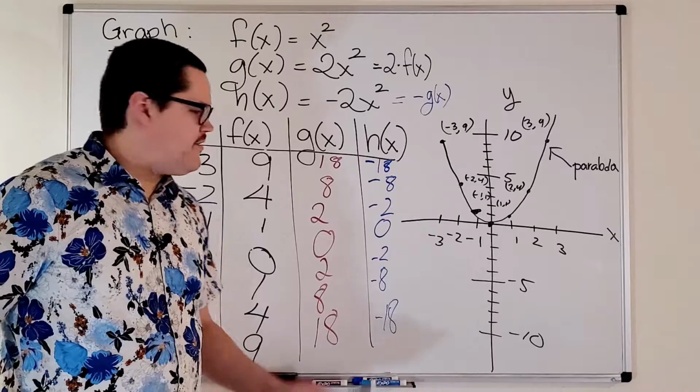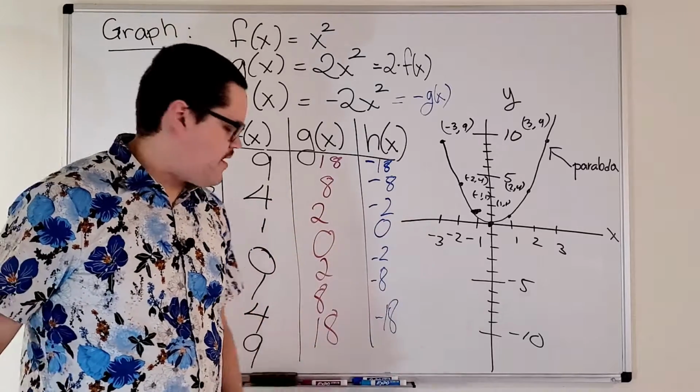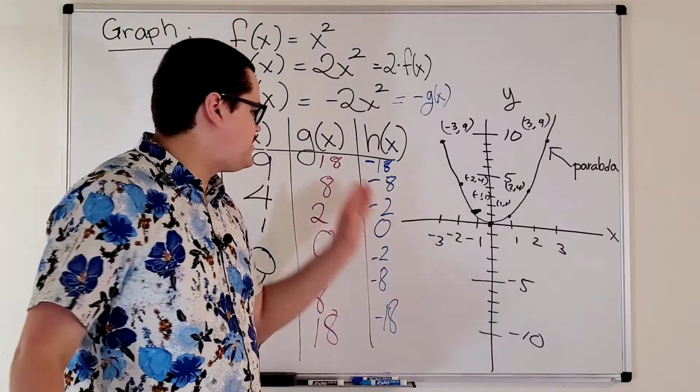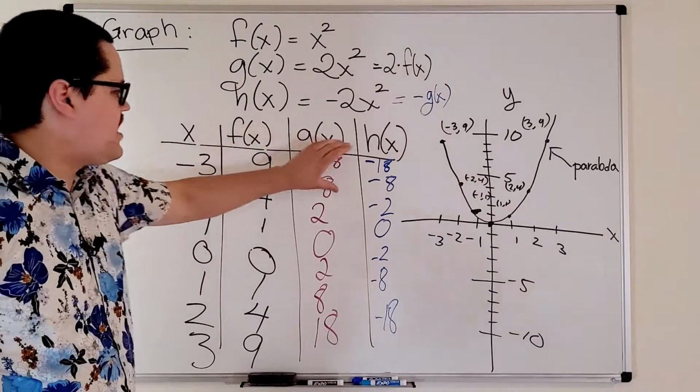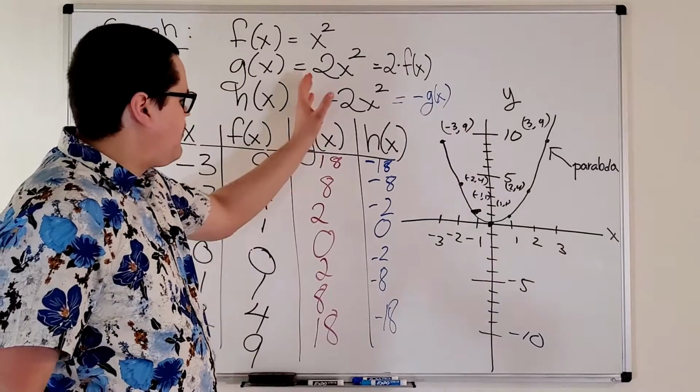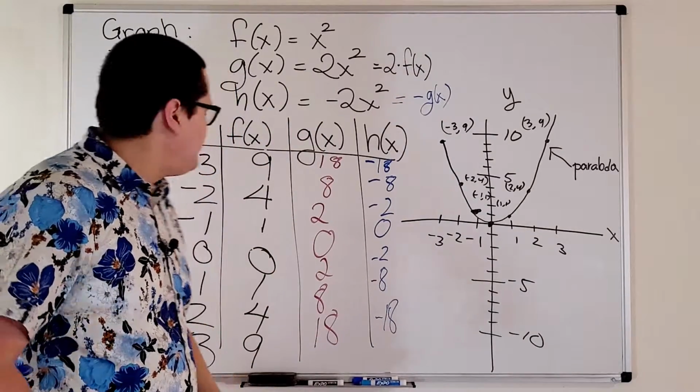Now let's see how the graphs of these other two compare. So we want to plot points on g of x. So we do x comma y, where the x comes from the first column as always, and the y's come from this g of x column.